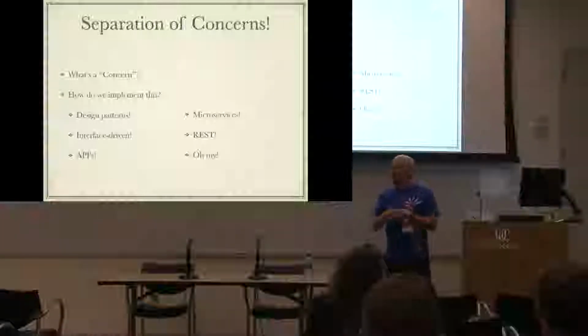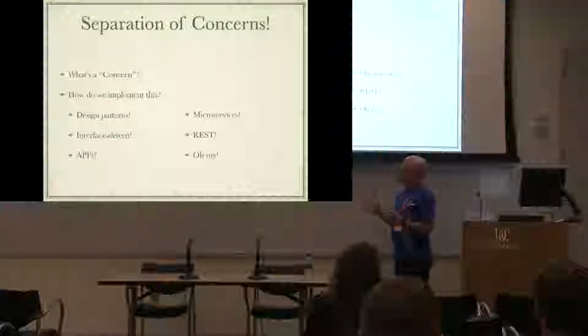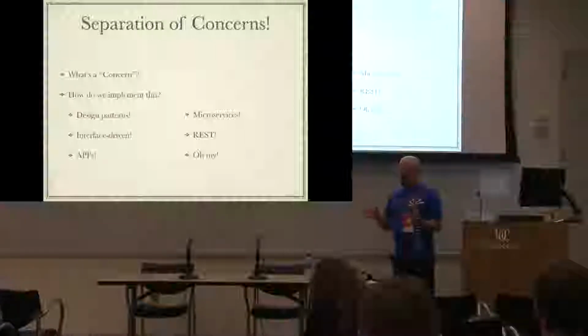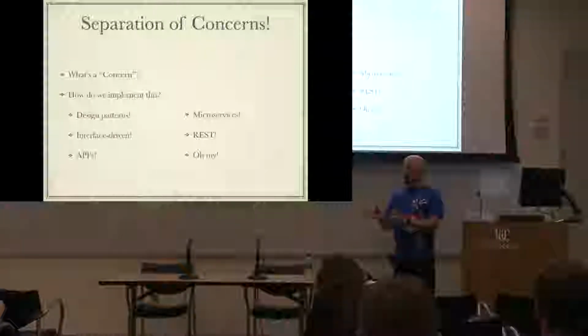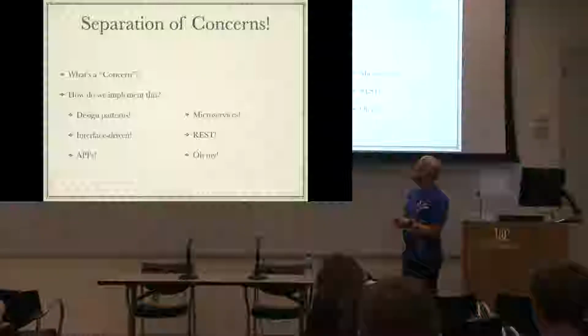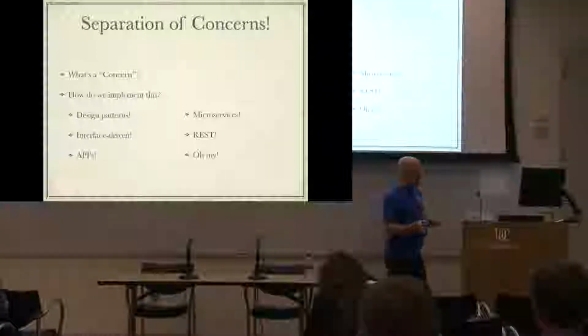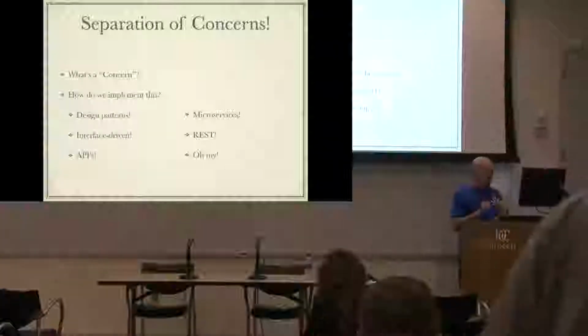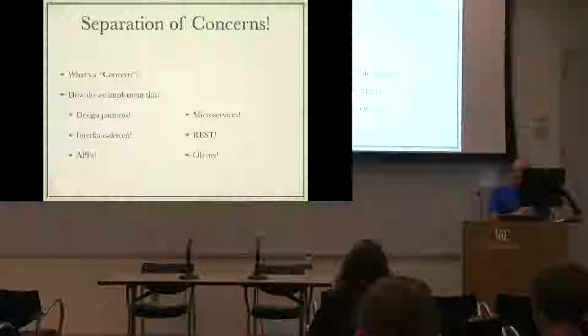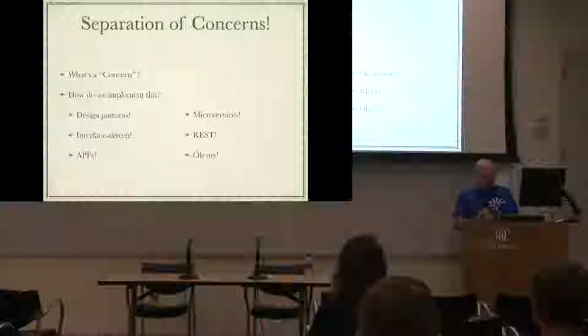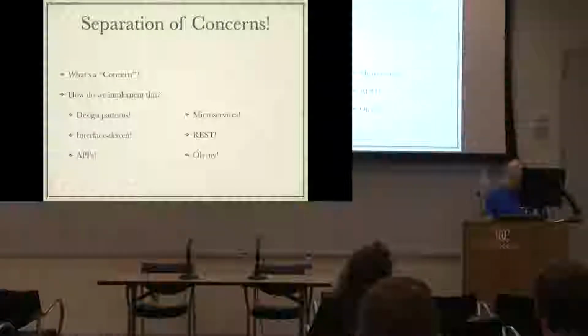So along came Ed Dijkstra and Chris Reed, and they invented and popularized the concept of separation of concerns, where we take functional bits of software, that's what they meant by a concern, as a unit of functionality, and separate it out and program it individually and have it talk to the other pieces. There were lots of ways that this came to be implemented.